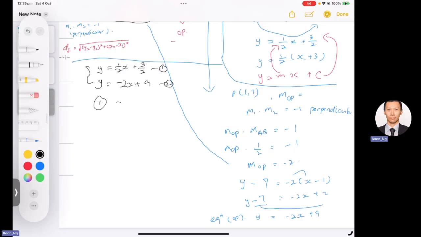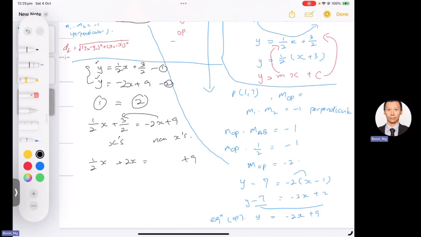So what we can do is let these two equations be equal, because this is y, this is y. So half x plus 3 over 2 equals -2x plus 9. And I combine x's on one side, non-x's on the other side. Okay, so let me copy half x, move across, plus 2x equals.